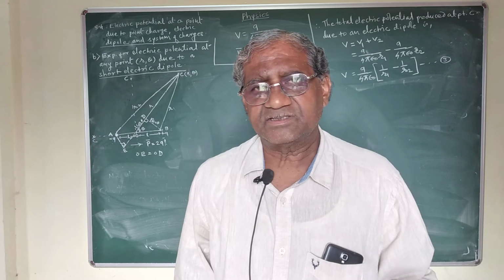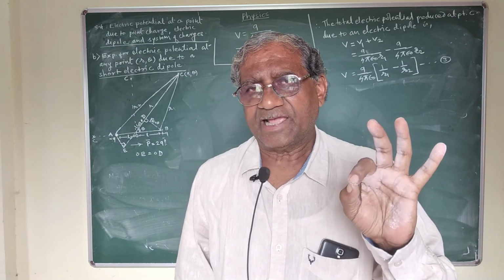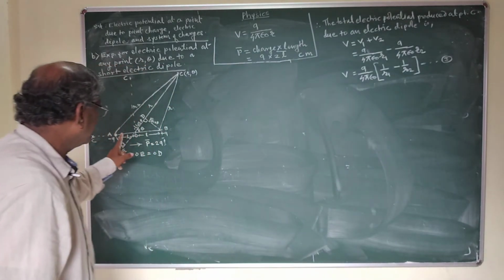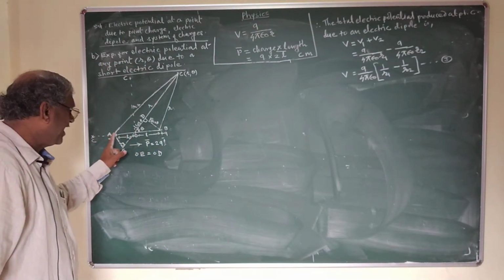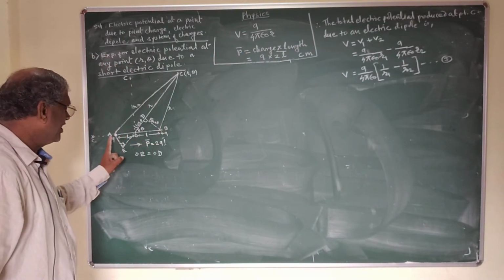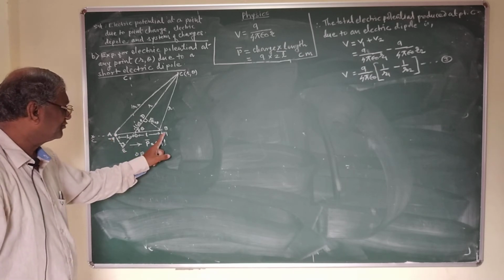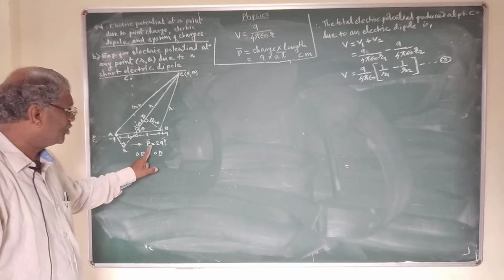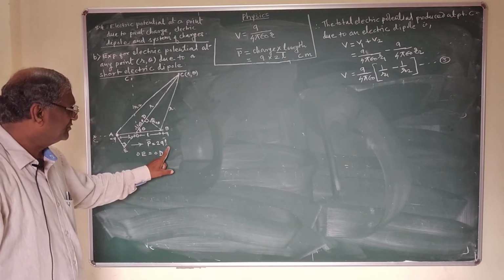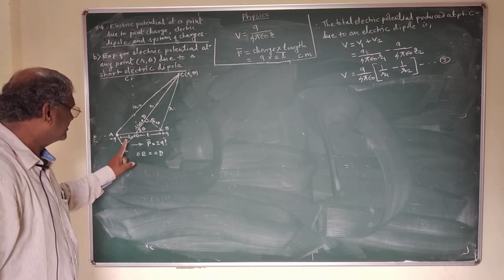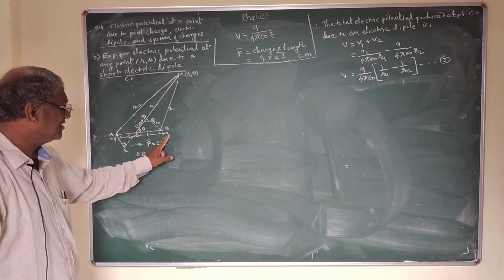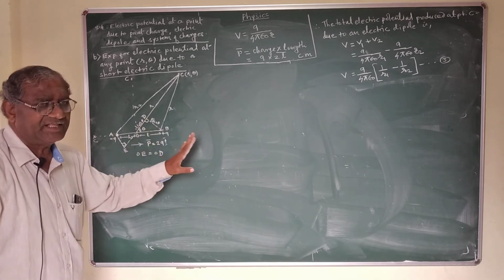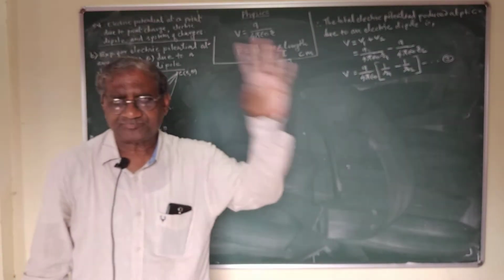For this purpose, you must consider an electric dipole. So, let us consider an electric dipole AB having length 2L, electric dipole moment P is equal to 2qL, and having charges minus q and plus q at A and B respectively as shown in the figure.